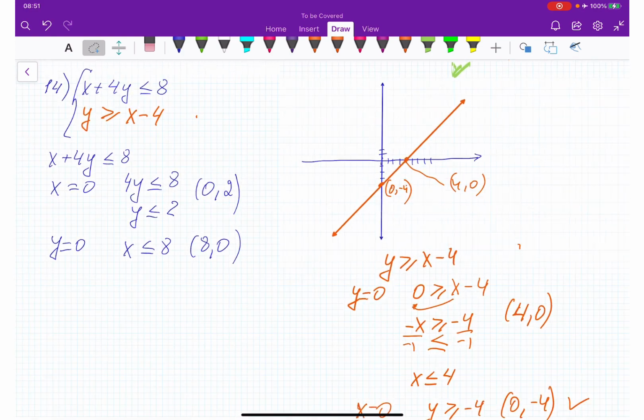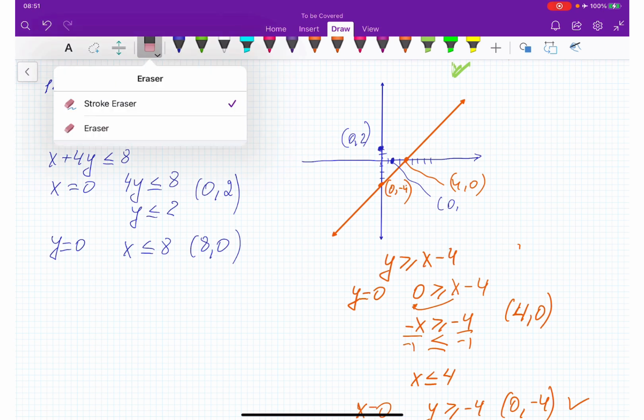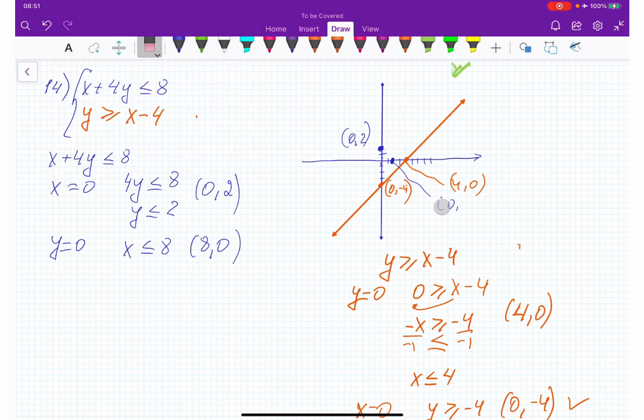Now, moving to the blue color equation, we have 0, 2, which is going to be here. So 0, oops, 0 and 2. And the other one is going to be 8. Let me clean this mistake.